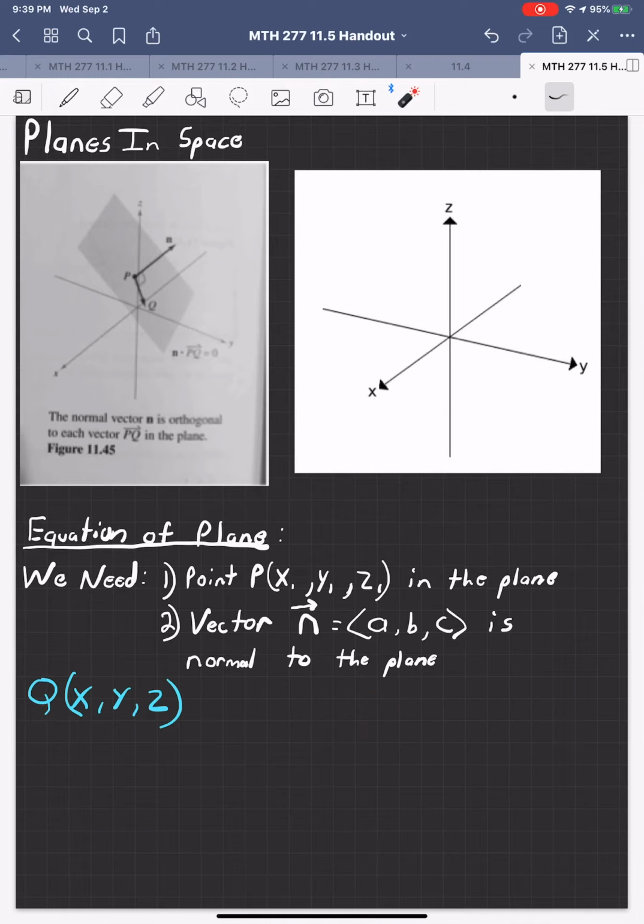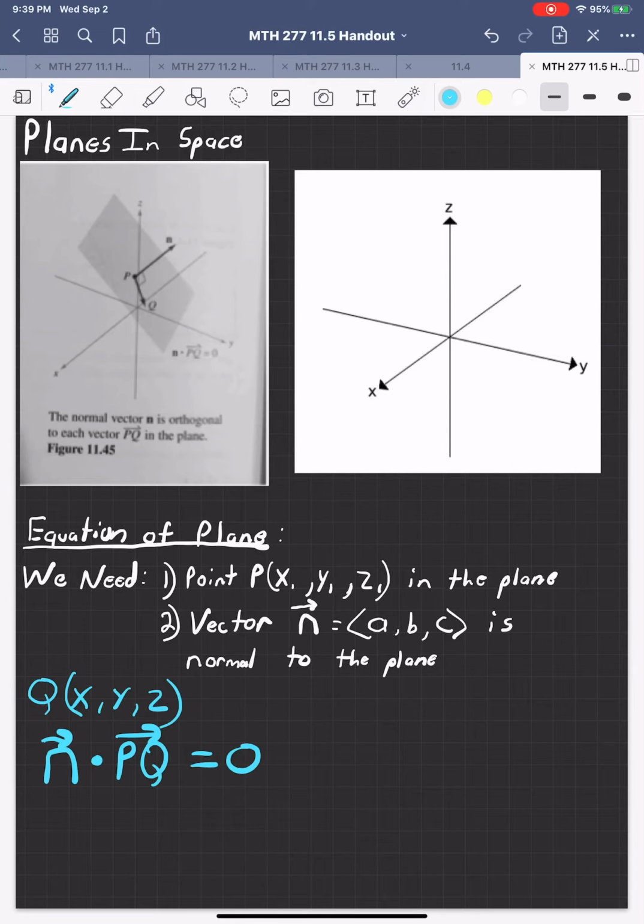So what does that mean for us? That means if we start with vector n, and you take the dot product of n with this vector P to Q, since we know that they're perpendicular, we already know that it must equal 0. That's the key point.